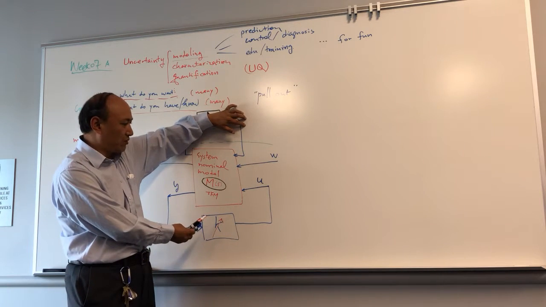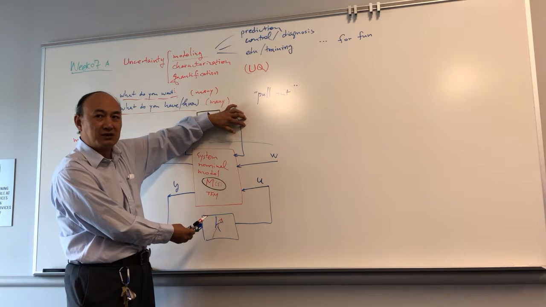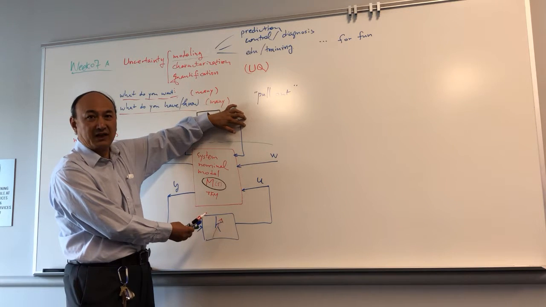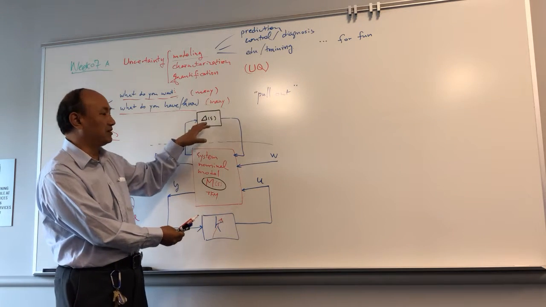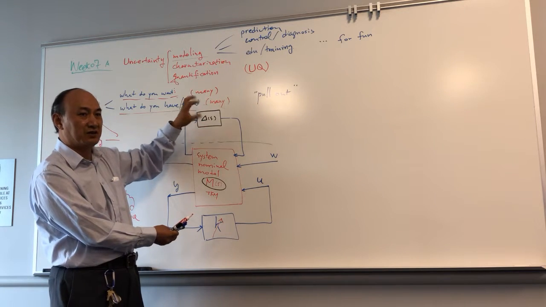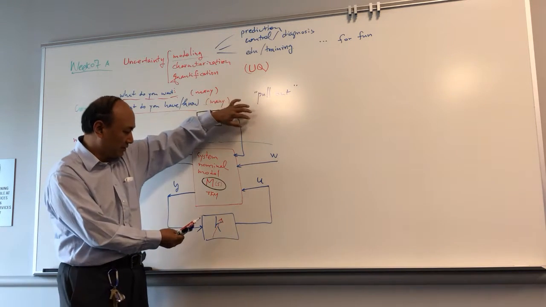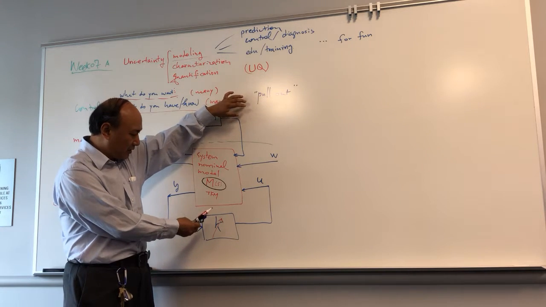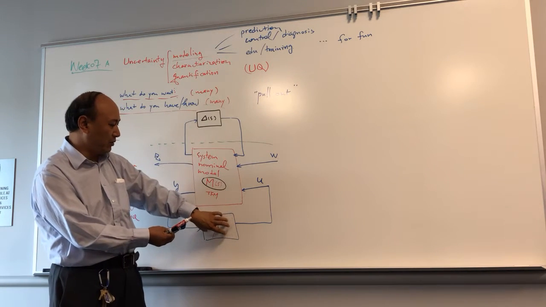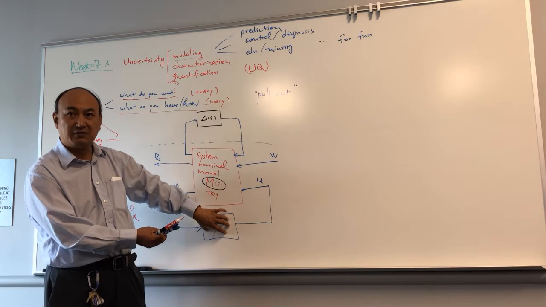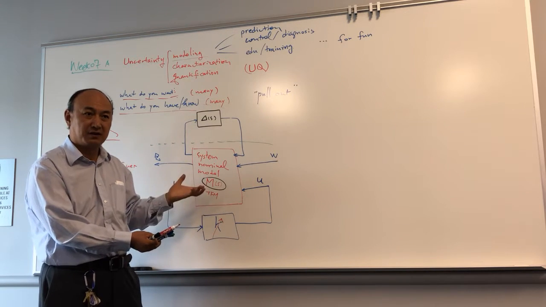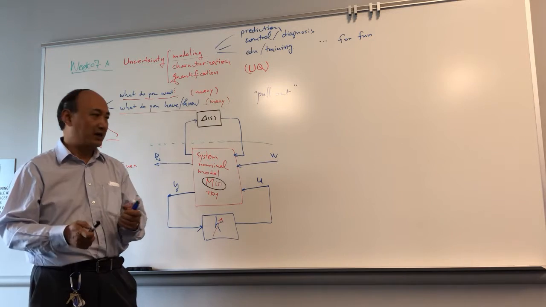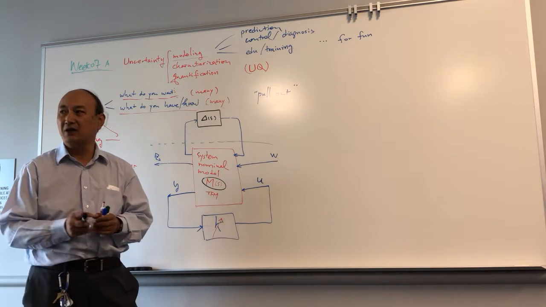I designed a control which is stable, but I need to ask a question, how stable? In other words, if I perturb the system with delta, if the delta is not 0 here, then we can use this one to evaluate how robust the controller you designed is. So then we can ask the question, how robust and how stable?